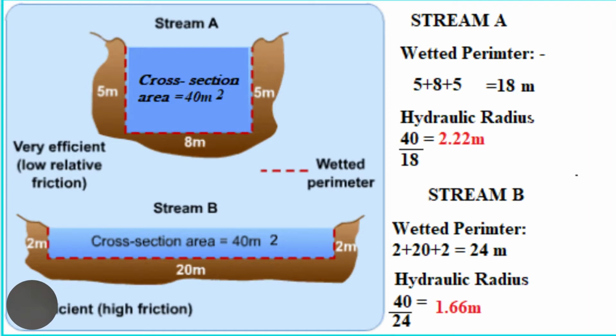This means that there is less water in its cross-sectional area which is in contact with the bed and sides. It therefore means that channel A or stream A experiences less friction, and with less friction there will be a greater velocity.